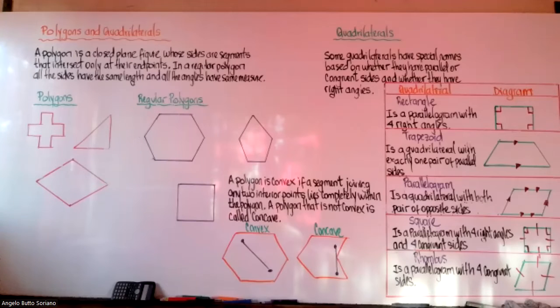And another one could be a rhombus or a kite because we're going to have four intersection points. Okay, and remember the definition of polygon in simple words: poly means many, gon means sides, many sides. This is the etymology of the word polygon.